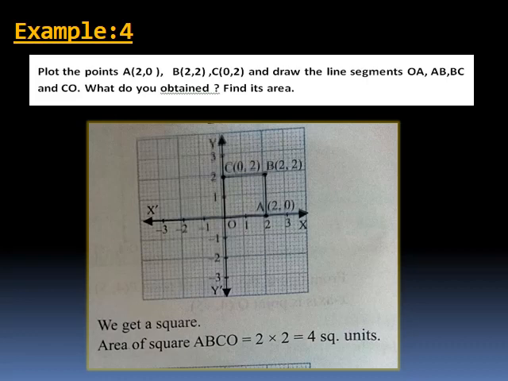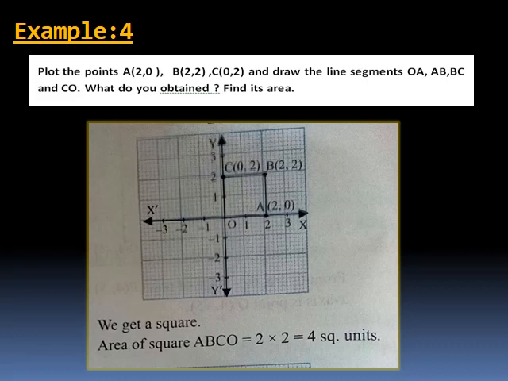So both are positive. It lies in the first quadrant. B is 2, 2. Point C 0, 2. Here x coordinate is 0 and y coordinate is 2. So the point C lies on y axis in the positive direction of y axis. So C lies on y axis.